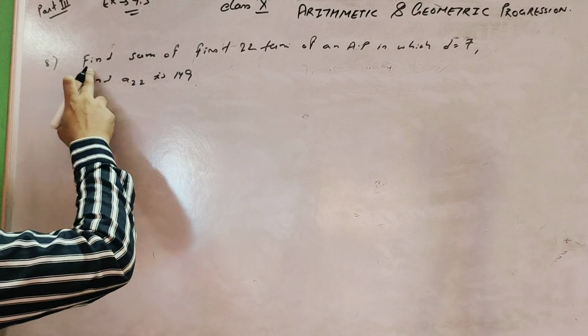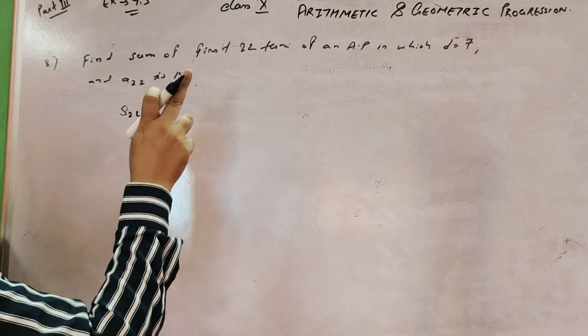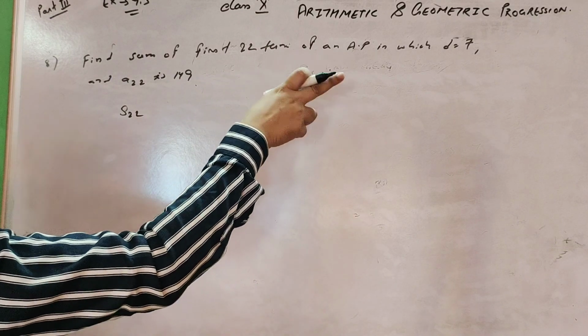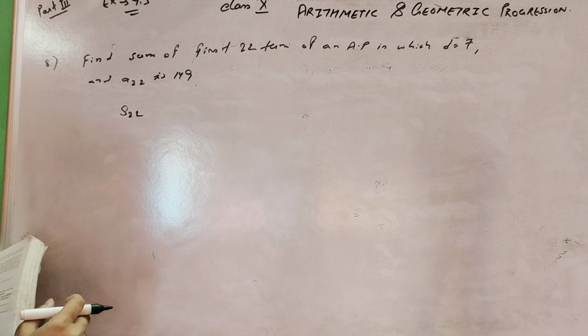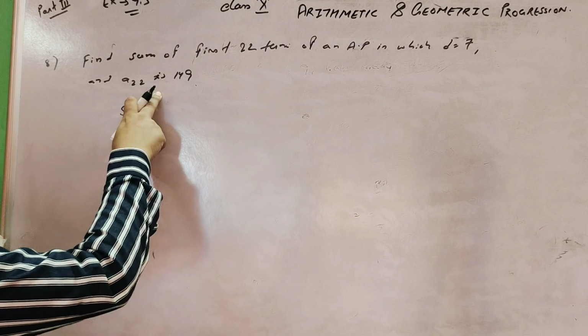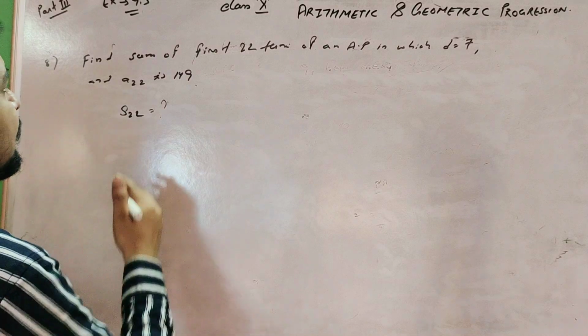Okay, find the sum of 22 terms of an AP in which d is given and the 22nd term is also given, 149. Find the sum of 22 terms. Okay, so this one is given.